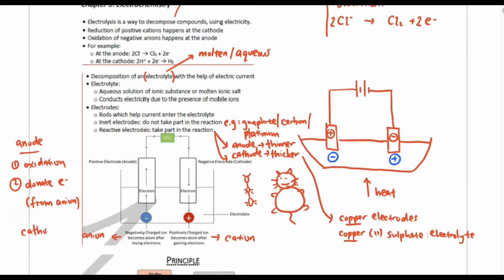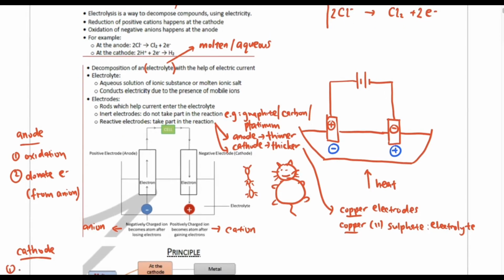I leave a bit more space for anode, so that I can put more. Okay, now we see cathode. First we say reduction happens at the cathode, as you can see here. What is meant by reduction?